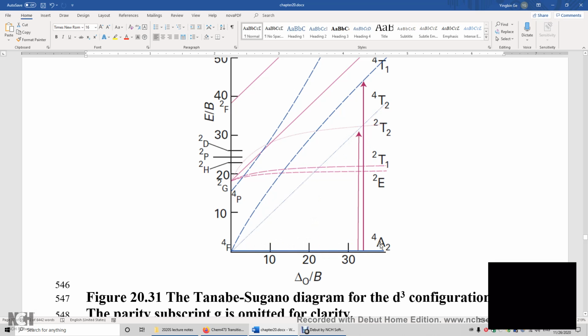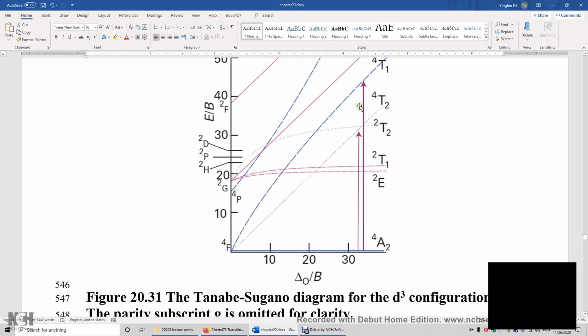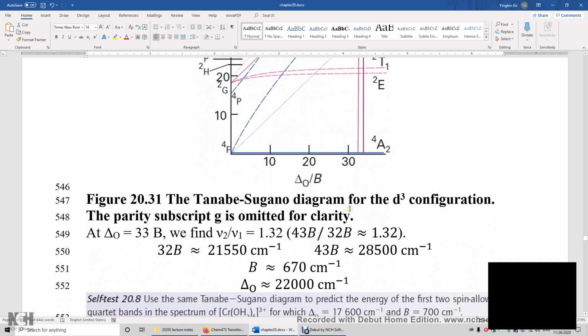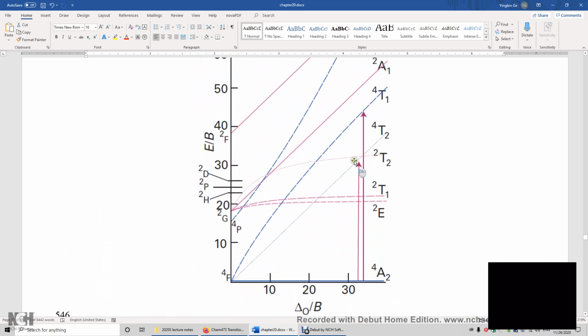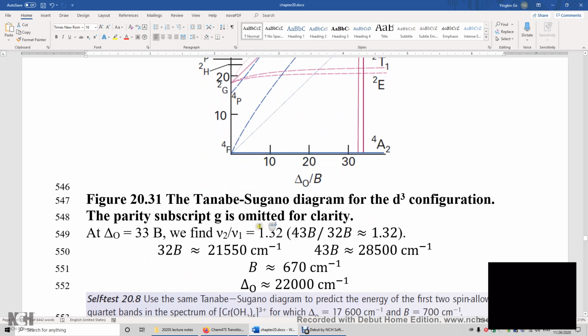You need to look at the first excited term and the second excited term, and take the ratio between this transition and this transition and try to find the same ratio, 1.32. You find it here, and then you can determine that the first transition has a transition energy of 32B, the second one 42B. Alright?